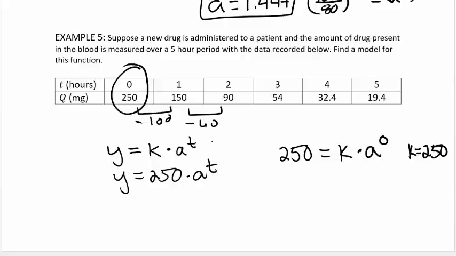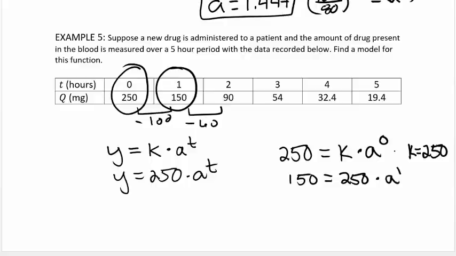If I want to now solve for a, I need another data point. So I'm going to pick the 150. I find that the smaller the t, the easier it is to do the algebra and work with things, but you could choose any other point on this table and you should get the same result. So now I plug in that point, so I get 150 equals 250 times a to the 1.